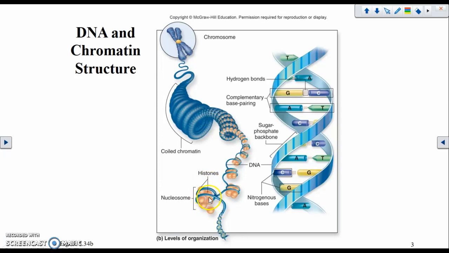Think about a spool of thread, the little circular thing around which the thread gets rolled, that is the histone. Or toilet paper. The little brown round thing is the histone, and the toilet paper in this case would be the DNA. Okay, now why is this important?